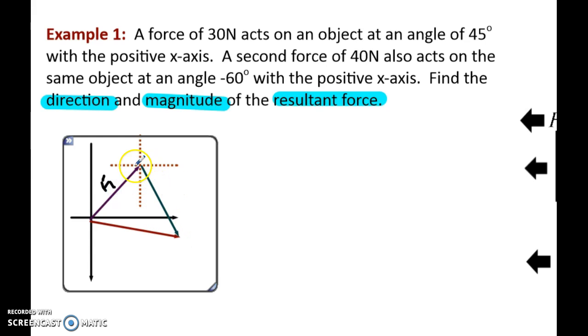This vector right here now is the second vector that has a force of 40 newtons and is going in the negative 60 degree direction. I'm using what's called the tip-to-tail method. So I'm connecting the beginning of the second vector with the end of the first.